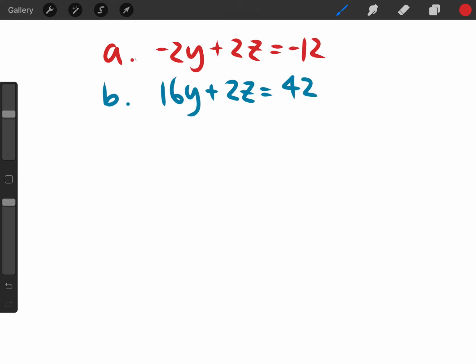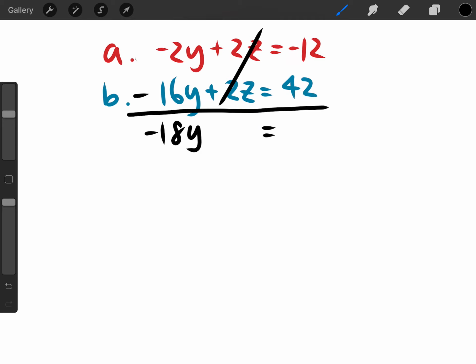And then you can subtract A from B, just a simple subtraction. So negative 2y minus 16y is negative 18y, and the z terms cancel. This equals negative 12 minus 42, which is negative 54. If you divide by negative 18 on both sides, y is equal to 3.